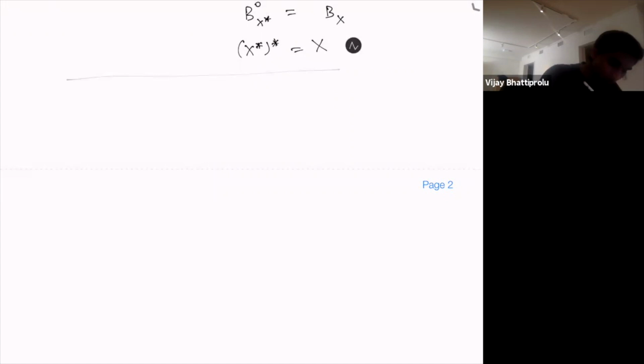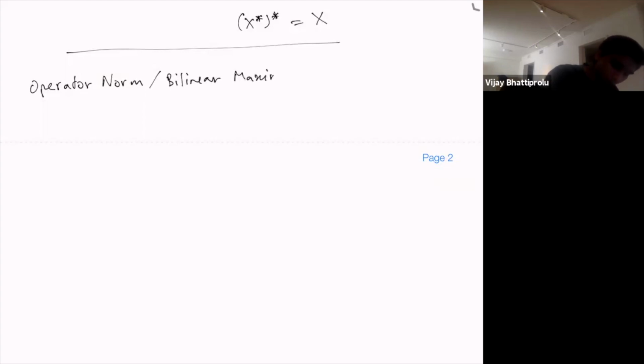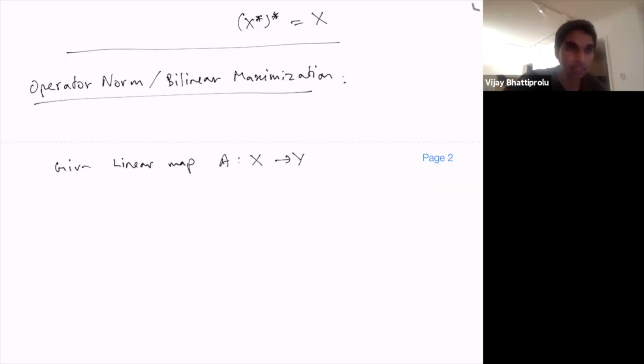Now we're coming to one of the central definitions of the talk, which is the operator norm, which we'll also refer to as bilinear maximization. It's defined as follows. Given a linear map A from a normed space X to a normed space Y, we assume X and Y are both over R^n.